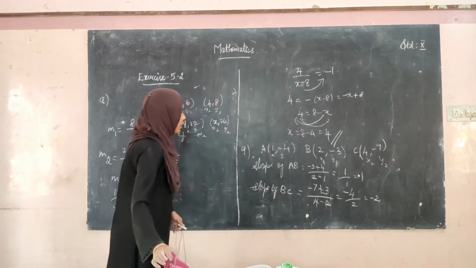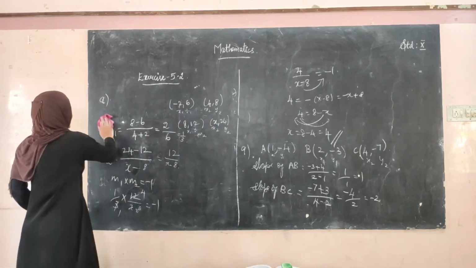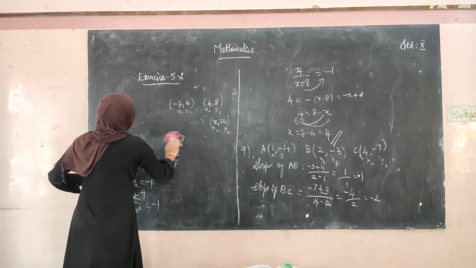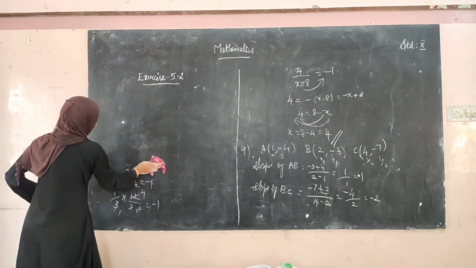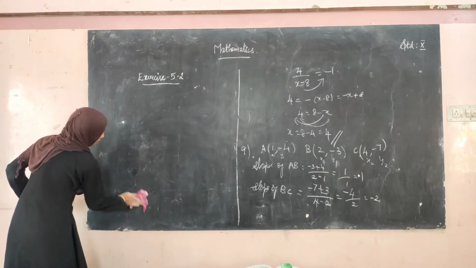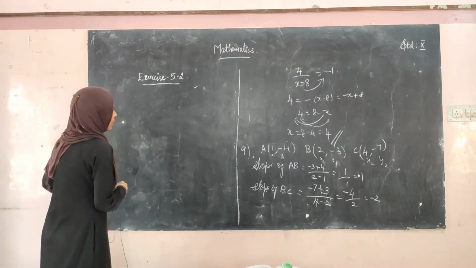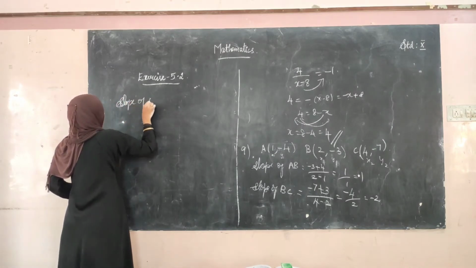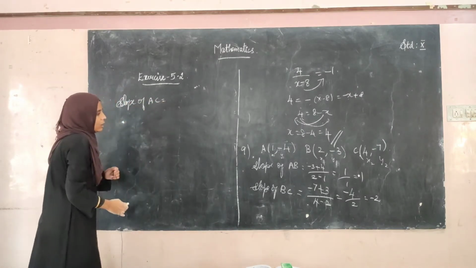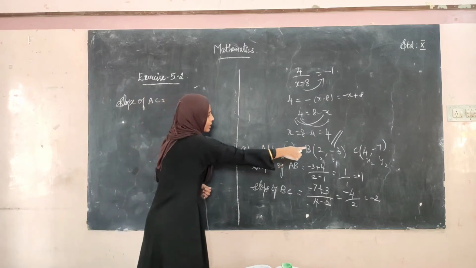Okay, and then now we have to find the slope of AC. So this is x1, y1 and that is x2, y2.